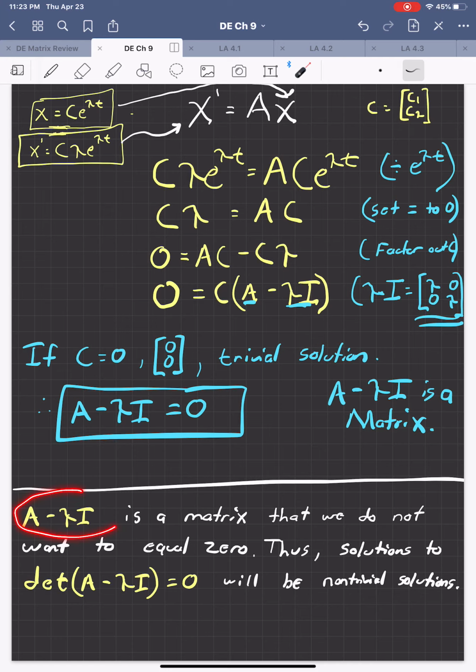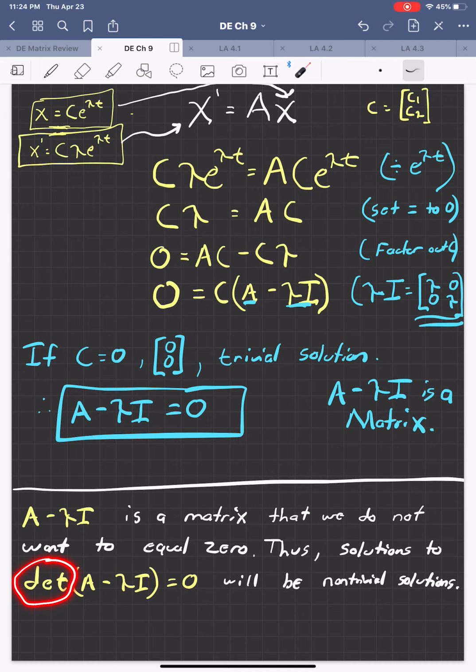What we want is to figure out when A minus lambda I does not equal 0, because otherwise we just have the 0 matrix. Well, what is a way of helping us figure out when something equals 0 or does not equal 0? It's the determinant.